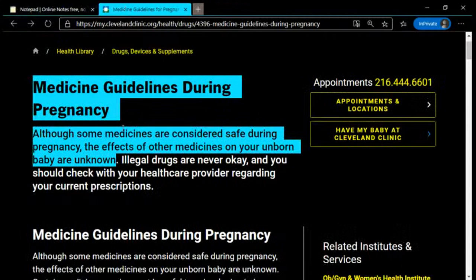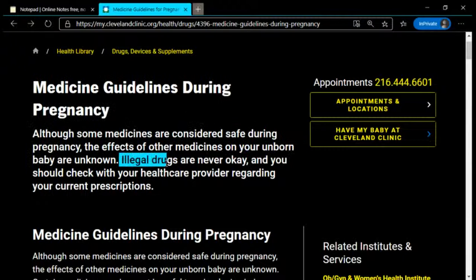Very important paragraph. Although some medicines are considered safe during pregnancy, the effects of other medicines on your unborn baby are unknown. And we have illegal drugs are never okay.